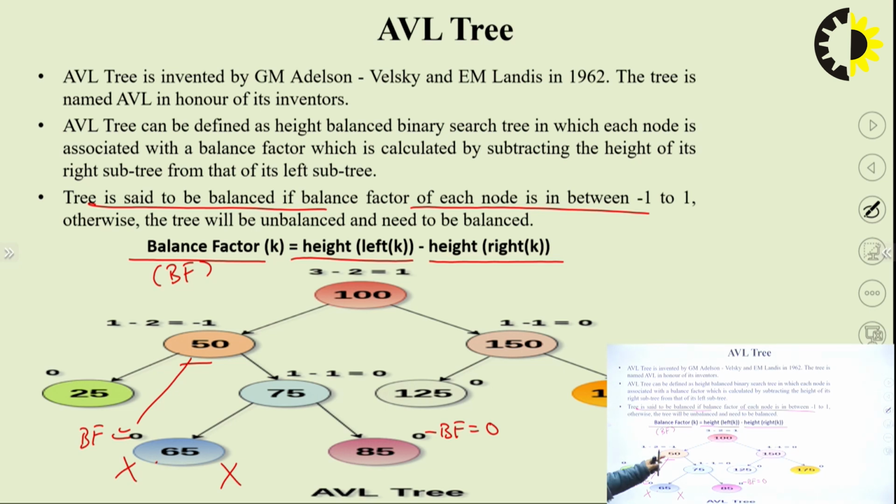If we take the example of 50, the left child of 50 is 1 and the right child is 75.